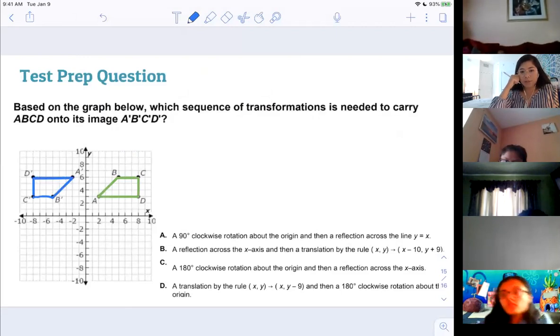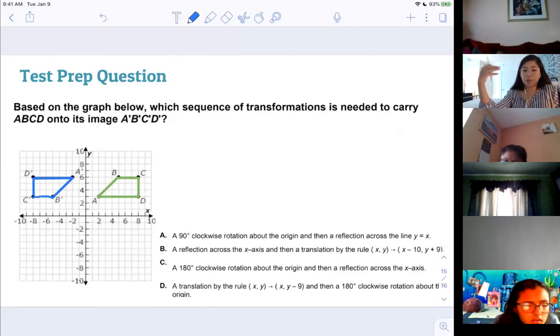What I'm going to do for each of these is show you, what you could do is write the mathematical rules for each one, and that's going to give you a perfect answer. But if you're pressed for time like we are right now, it might be better to visualize things first so you can maybe have a guess, so predict which one might be right, and then use math to see if it's right. So I'm going to start with the first one.